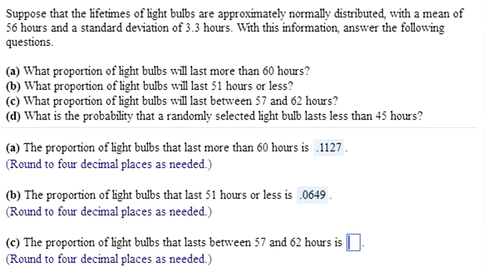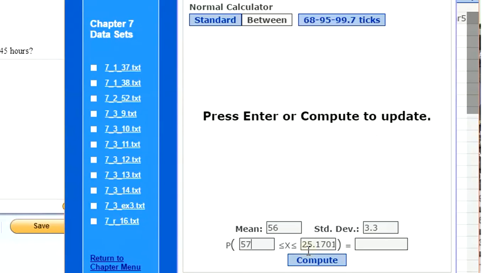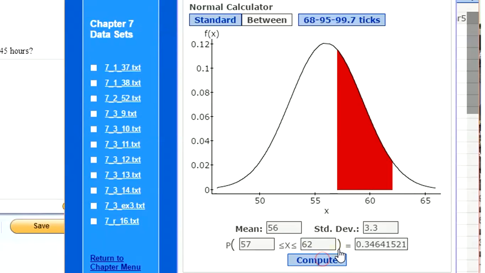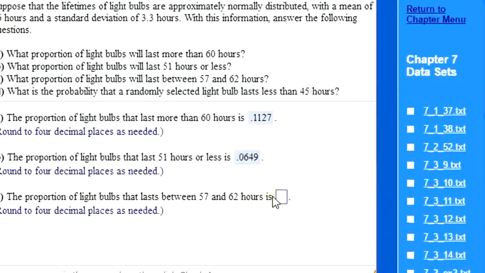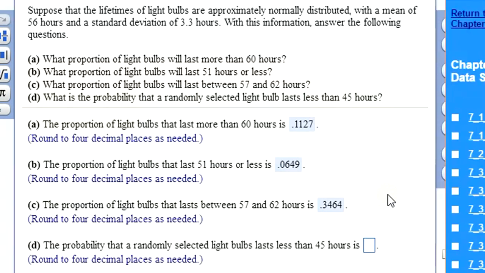Proportion between 57 and 62, use your between calculator, put in the first value 57, the second value 62, click compute. That's nice, 34.64%, but I'm putting it as a decimal, 0.3464. And the probability a randomly selected light bulb lasts less than 45.